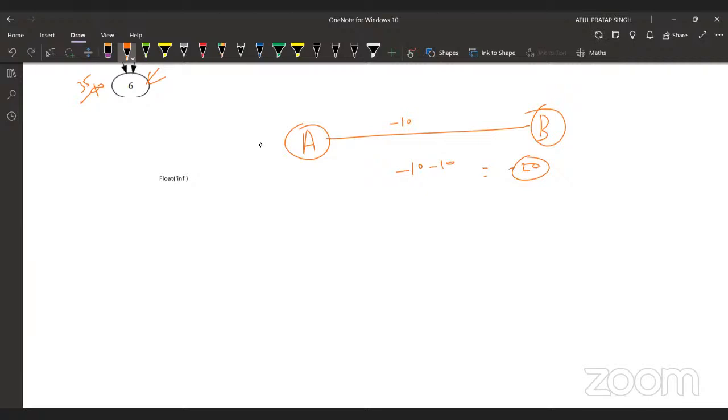So for an undirected graph, a negative edge weight is considered a negative weight cycle, and we cannot apply the Bellman-Ford algorithm on an undirected graph with negative edge weights.